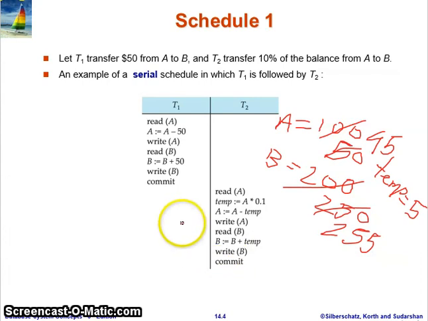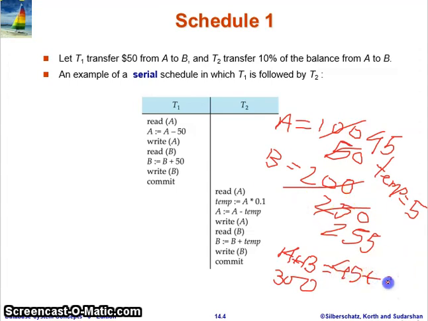So after completing both the transactions T1 and T2, what is the value of A plus B? Initially it is 100 plus 200 is 300, and after execution of both the transactions, A is 45 plus what is the value of B?